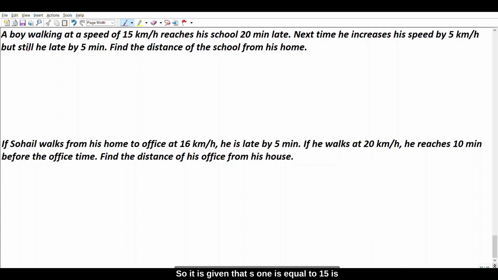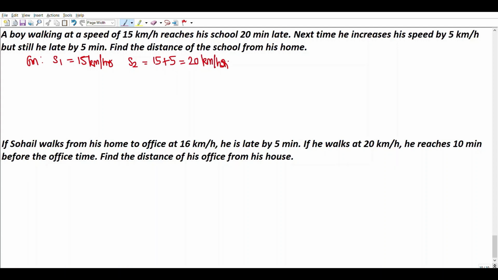So it is given that S1 is equal to 15 km per hour, S2 is equal to 15 plus 5, that is 20 km per hour.